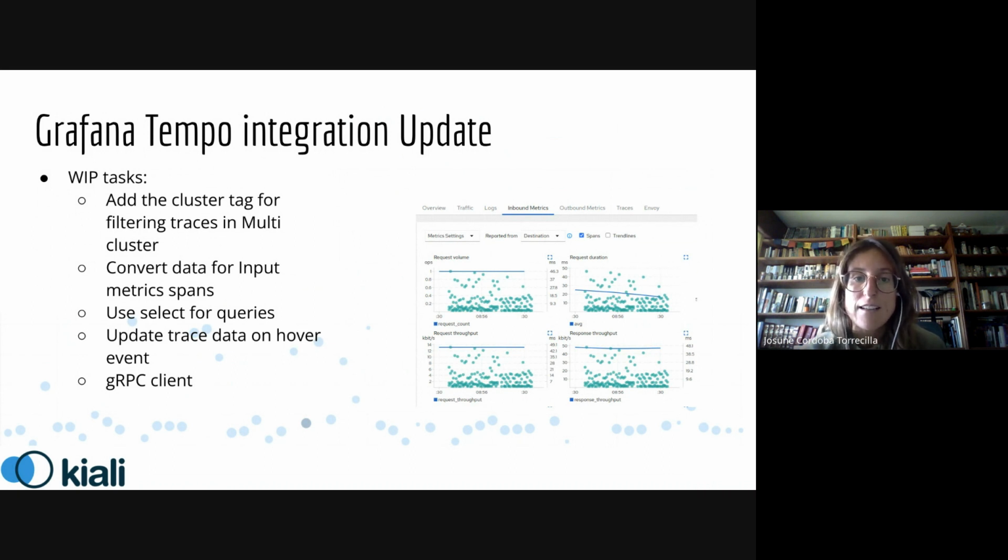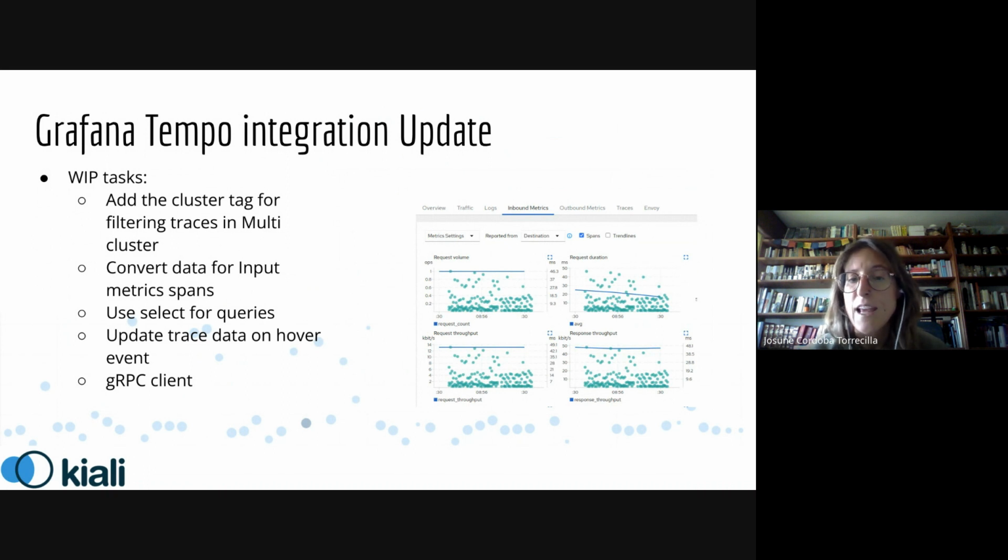In the tasks that are now in review, we have added the cluster tag for filtering traces, and this is just for filtering the traces in the multi-cluster mode. We also have added the conversion of the data for the spans in the inbound metrics tab that you can see there in the image.